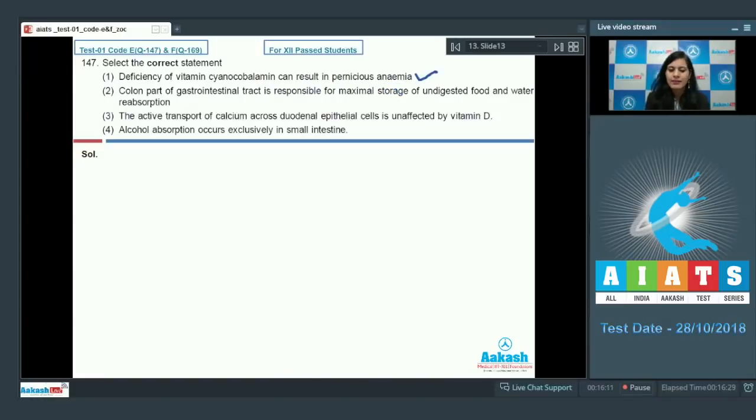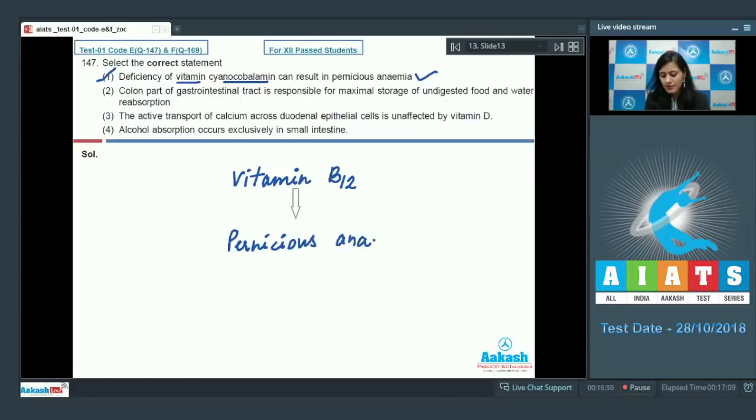And this is a correct statement and a correct answer to our question, because it is this deficiency of vitamin cyanocobalamin, which is vitamin B12, whose deficiency causes pernicious anemia, which is a type of vitamin B12 deficiency. It is a disorder in which not enough RBCs are produced because of the deficiency of vitamin B12. So the very first option is correct option.